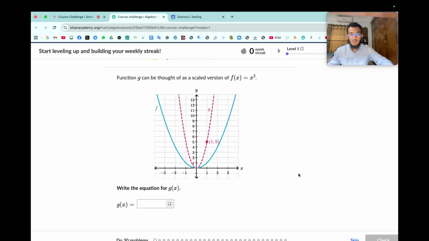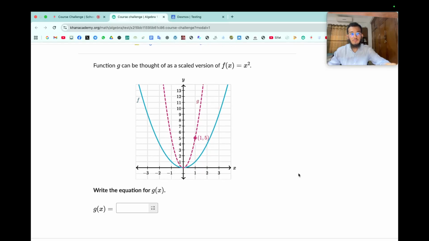So what do you have for the first question? Function g can be thought of as a scaled version of f(x) = x squared. The equation for g(x). So function f(x) is the one given in blue, and as you can see, it has the same starting point, but it is just reduced inside.